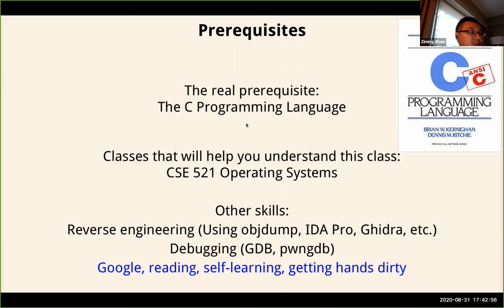The skills you will learn in this class include reverse engineering. We will be using all kinds of tools, especially objdump. I will try to teach you to use the most accessible tools, the ones which are free, the ones which are everywhere you can use them. For example, like objdump. There are much more advanced tools like IDA Pro, like Ghidra.